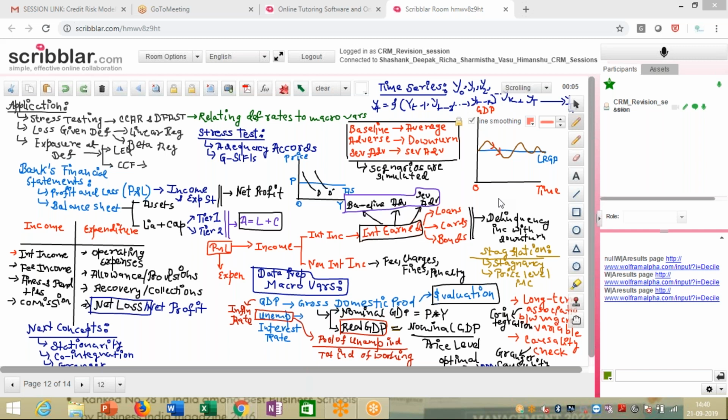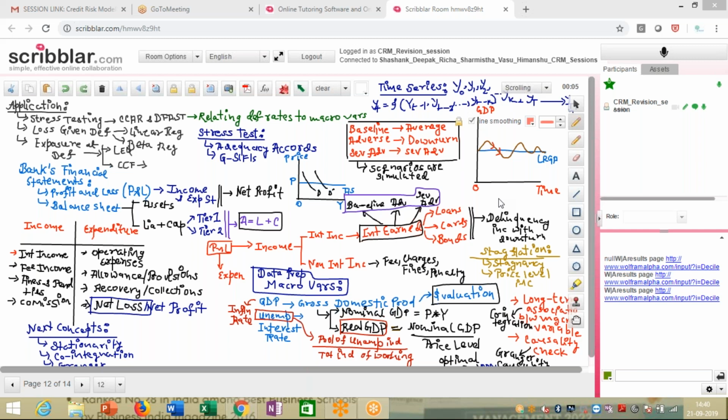Now if you think about it, there is a dependent variable, let's say some fee income, or interest income and so on, and there are macroeconomic variables which are impacting each of these components.